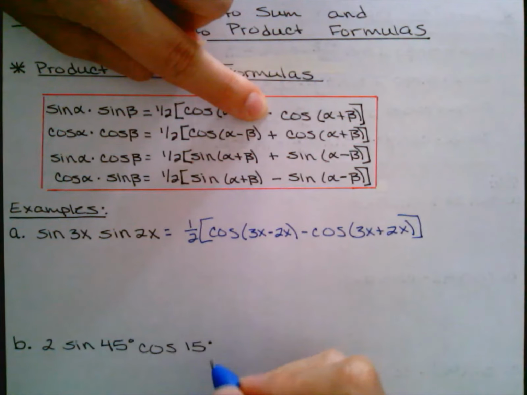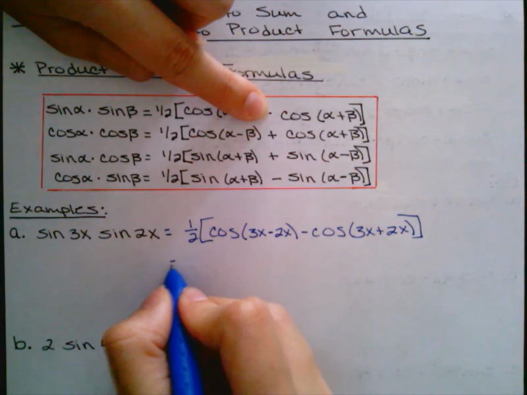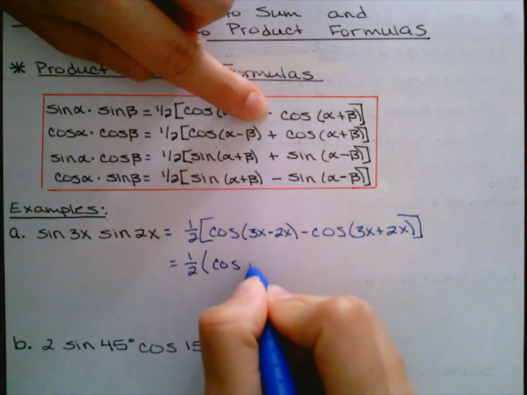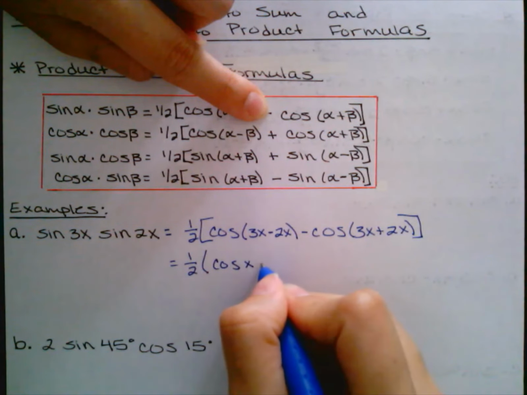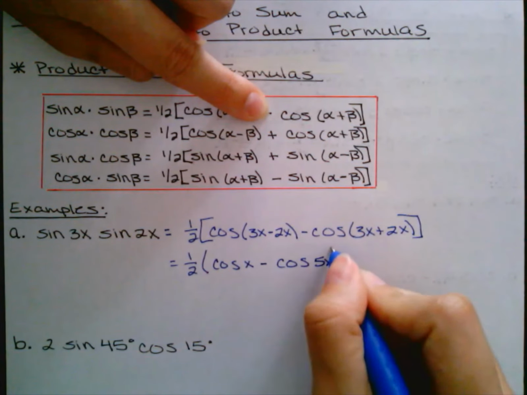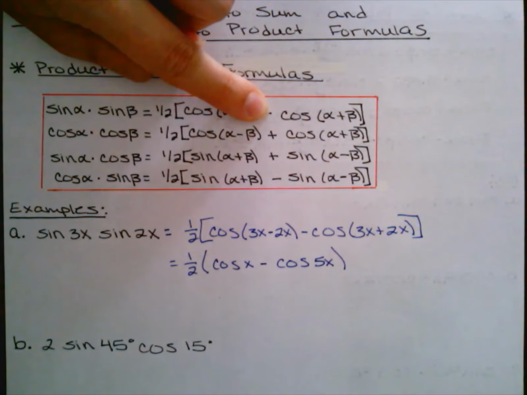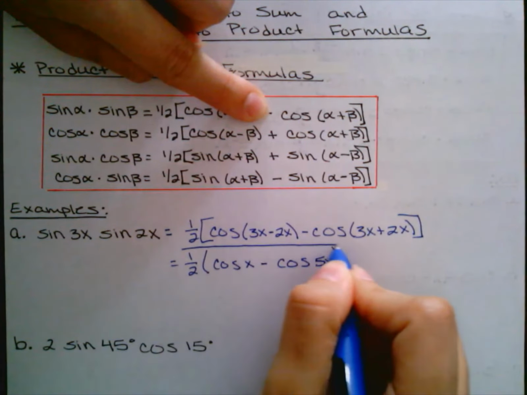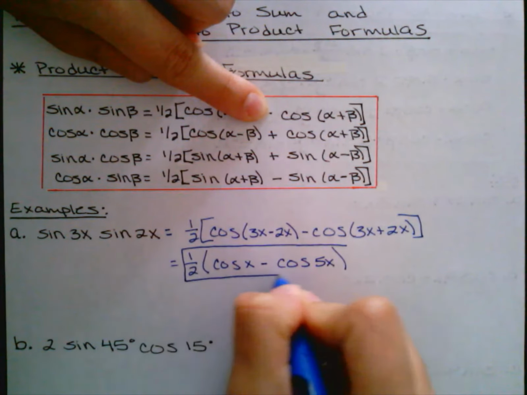Okay, so this just cleans out to be half of cosine of x minus cosine of 5x. Okay, and because there's a variable of x, there is nothing more we can do here, and we stop right at this point. In our next questions, you'll see we don't have variables of x, and we can keep going all the way through.